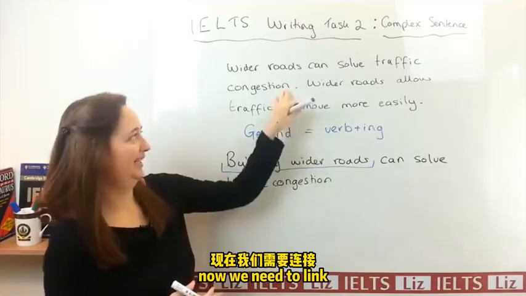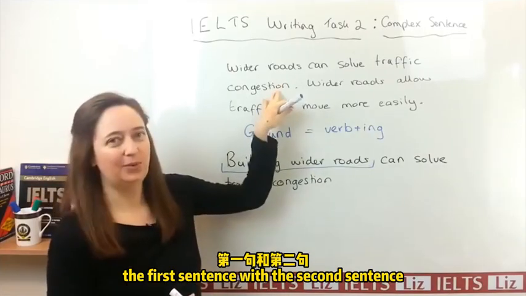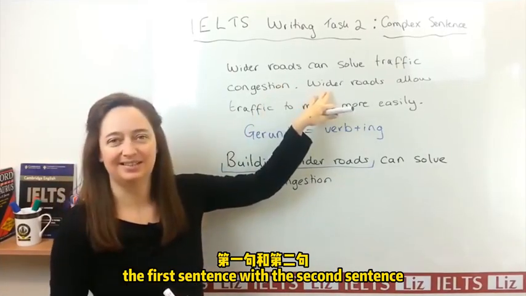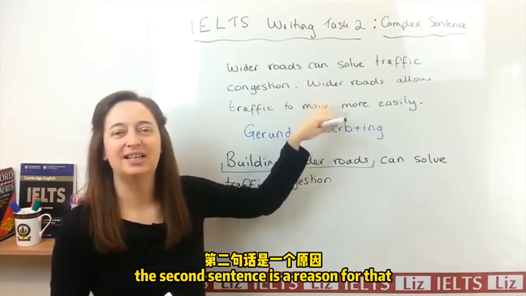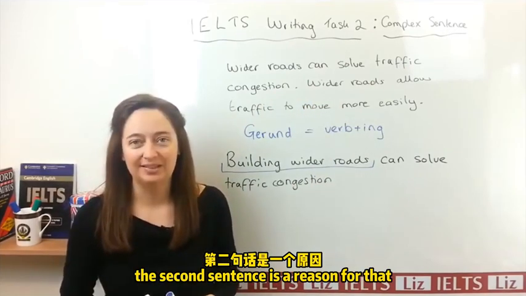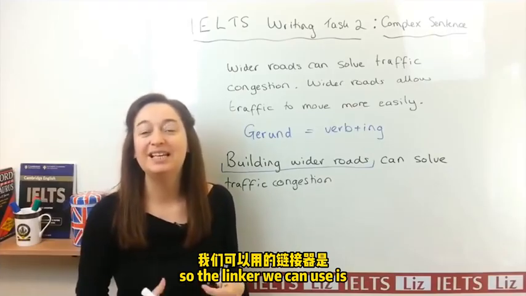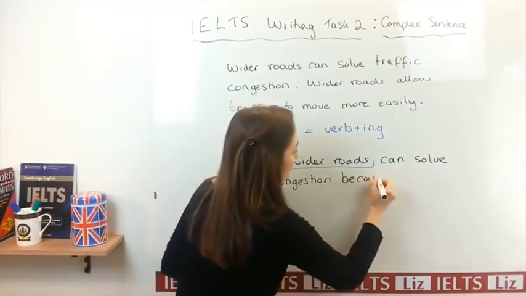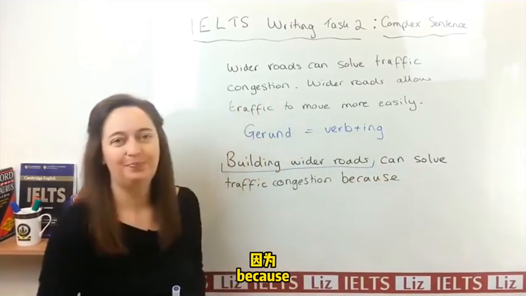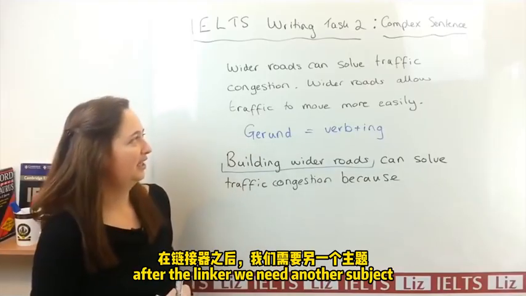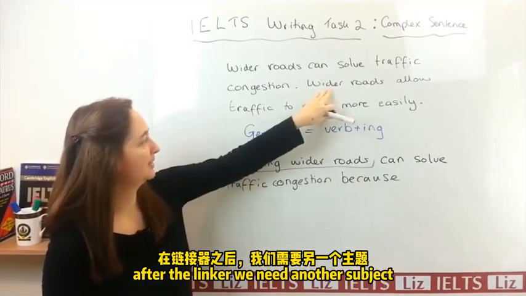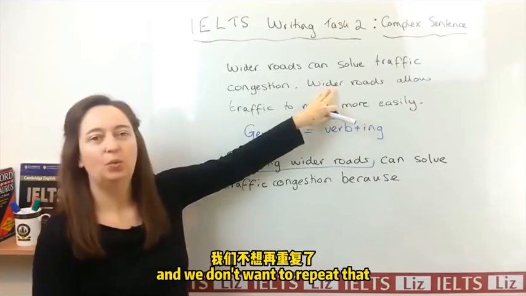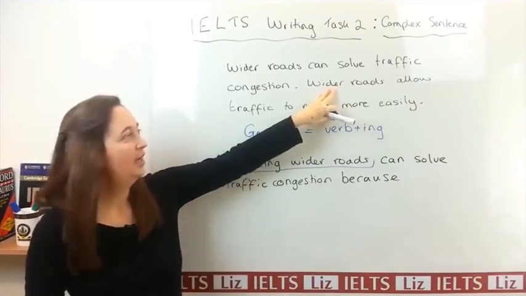Now, we need to link the first sentence with the second sentence. The second sentence is a reason for that. So, the linker we can use is because. Because. After the linker, we need another subject. And we don't want to repeat that.